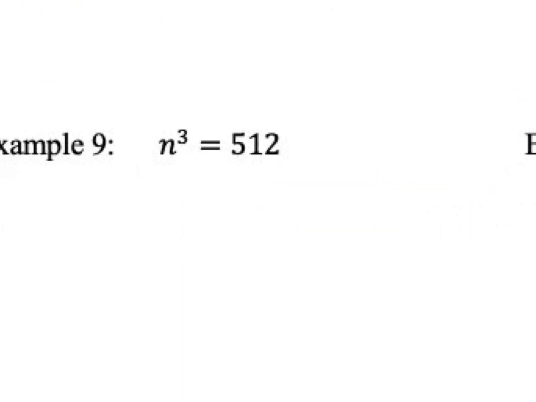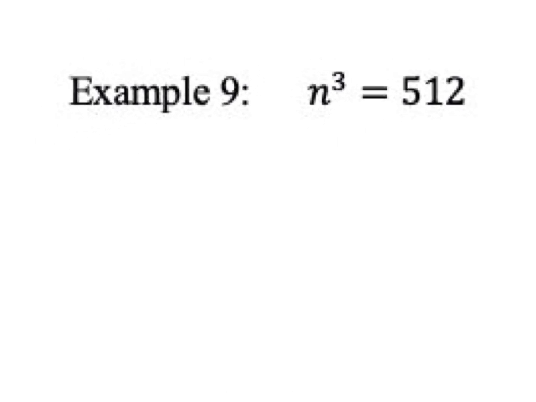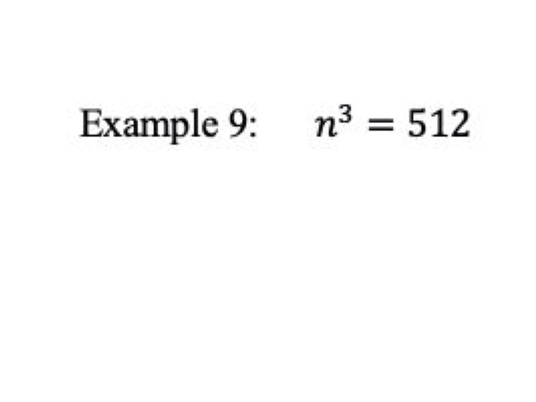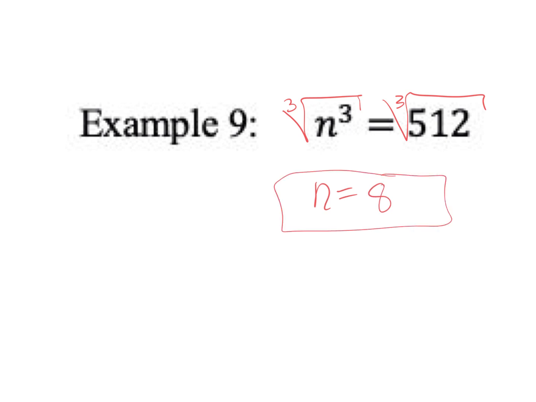All right, let's go ahead and try number 9. Oh, this is cubed. I have a cube, n cubed. I want to get n by himself. What's the opposite of a cube? That is cubed root. So notice how we're cube rooting each side. So n is going to equal, well, what's the cubed root of 512? That is 8. This answer is only positive 8.